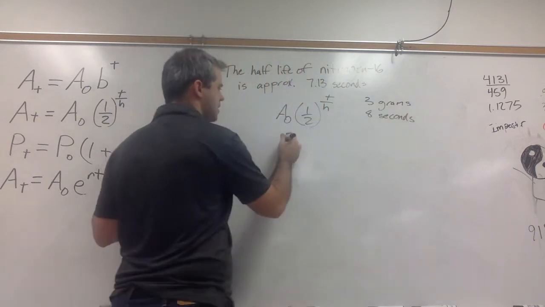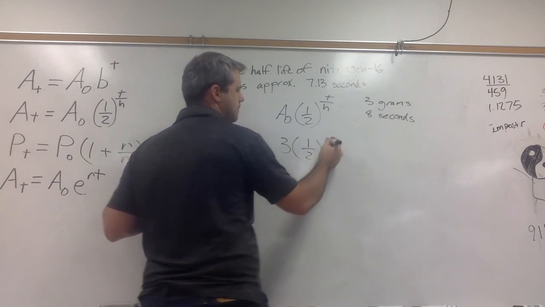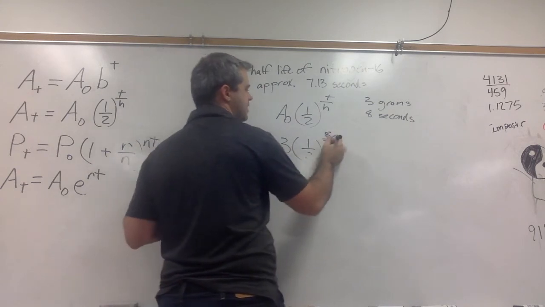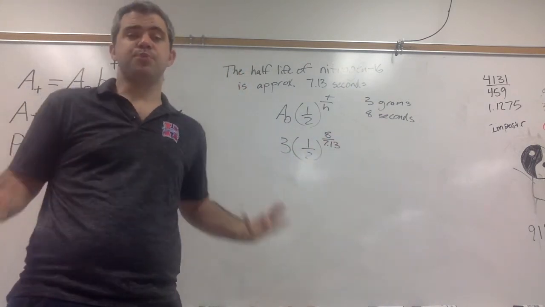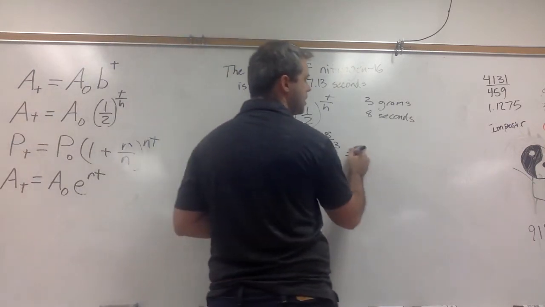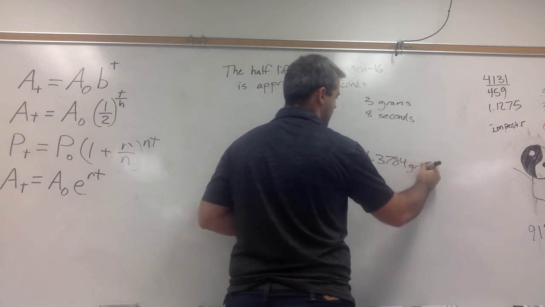Okay, well, we can put the 3 in for our initial amount. Our time is 8 seconds. Our half-life is 7.13 seconds. So that's pretty straightforward. We plug that in, we get approximately 1.3784 grams.